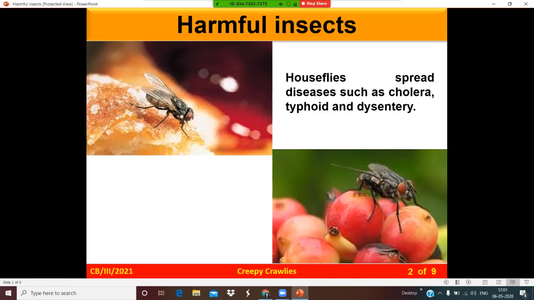House flies spread diseases such as cholera, typhoid, and dysentery. Okay, that is why we always suggest you not to eat cut fruits or outside food because mostly these house flies sit on them. Okay, and we fall sick and we get diseases like cholera, typhoid, and dysentery.